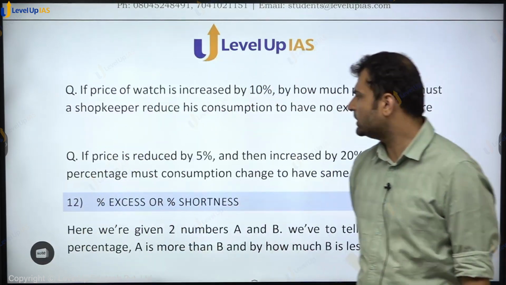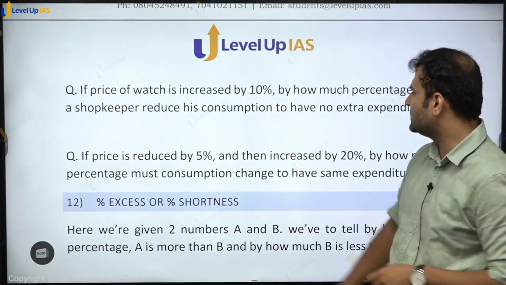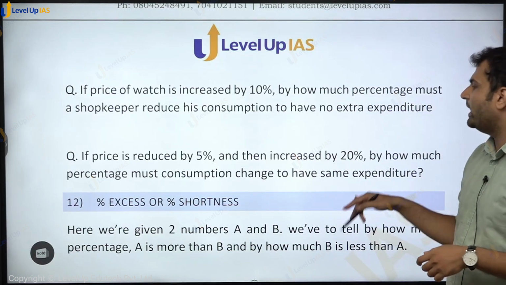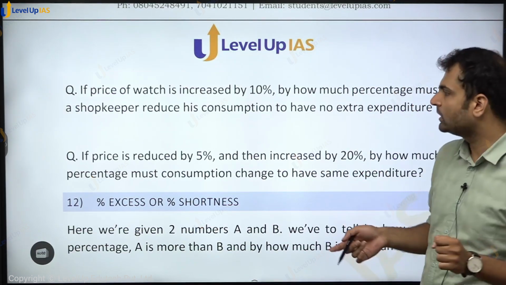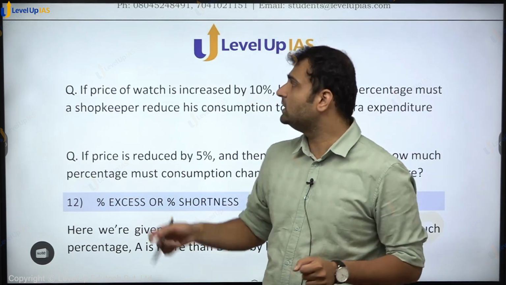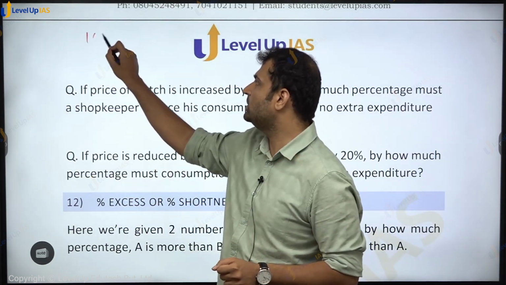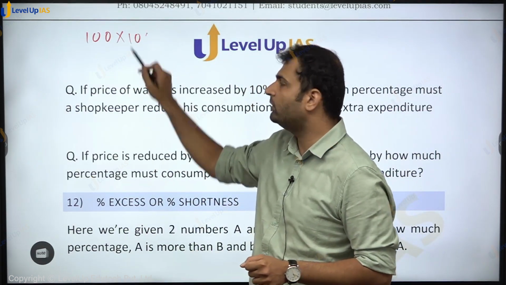फाइन. नेक्स्ट, if price is reduced by 5% and then increased by 20%, by how much percentage must consumption change to have same expenditure? Now again we can assume that initial price is 100, initial consumption is 100. Fine.